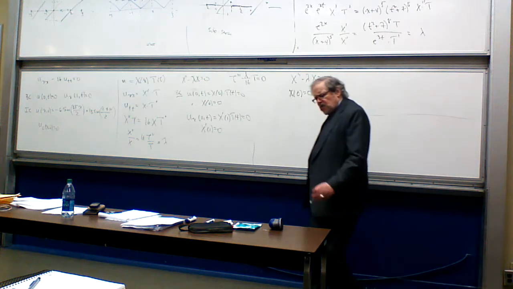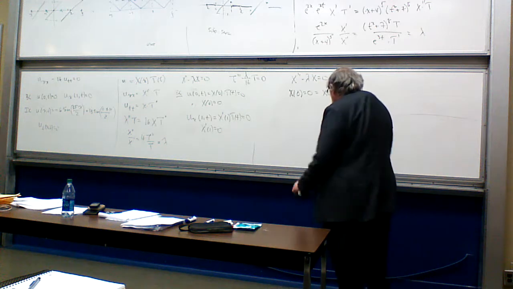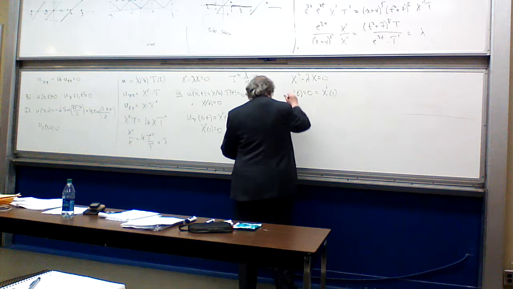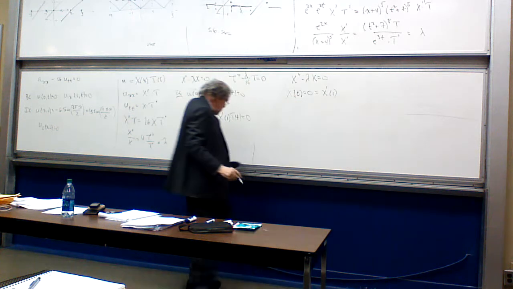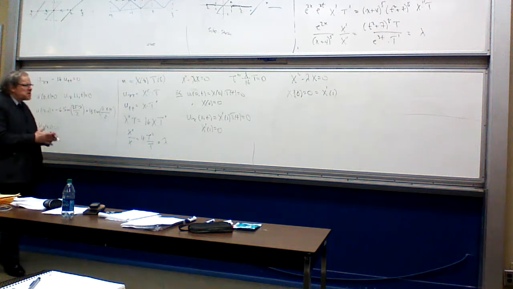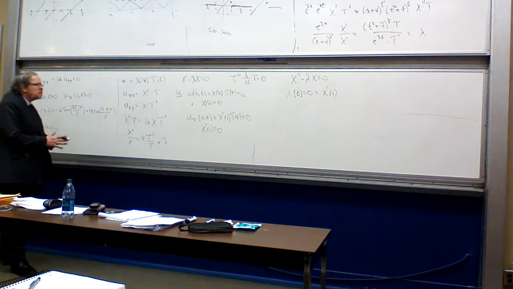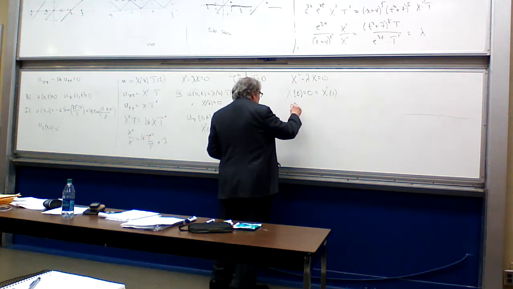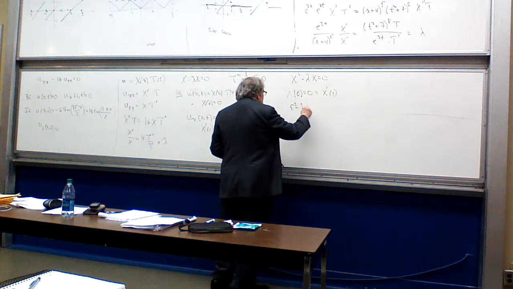And so this gives me an eigenvalue problem. Find those values of lambda such that this differential equation and boundary conditions has a non-zero solution. We have r squared minus lambda is 0.